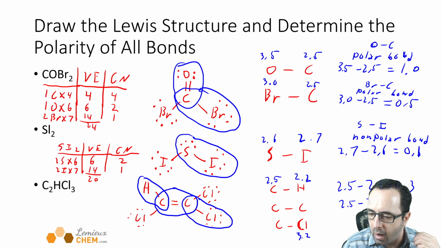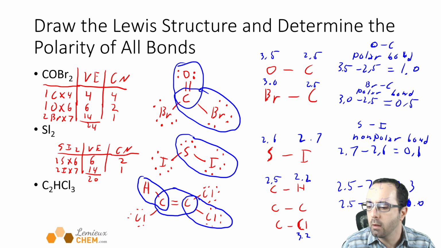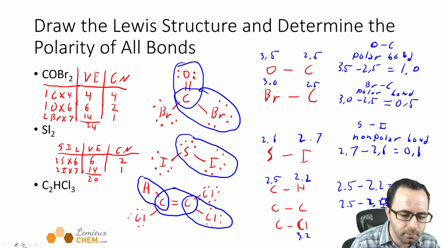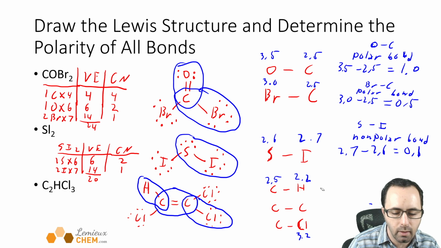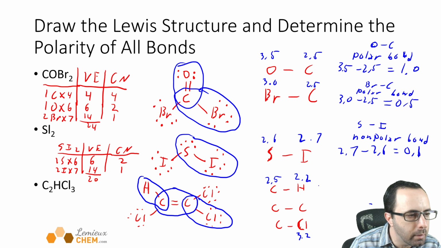I mean, you could subtract it if you want. 2.5 for carbon, 2.5 for carbon, so that's 0.0. Oh man, I'm writing behind my head again. I'm just going to do it over here. I meant not to write behind my head.